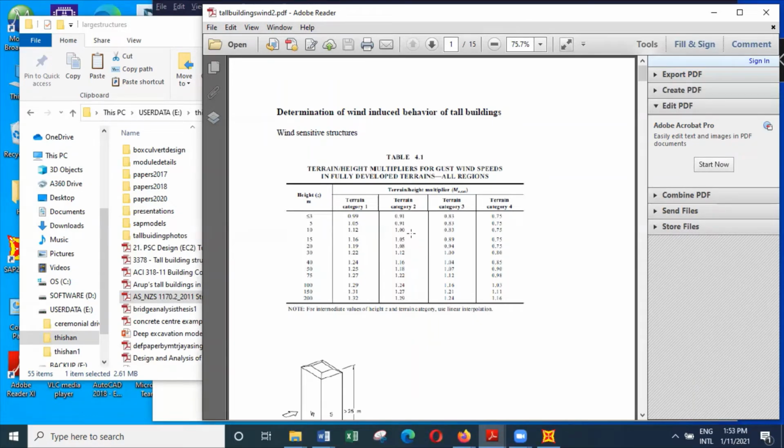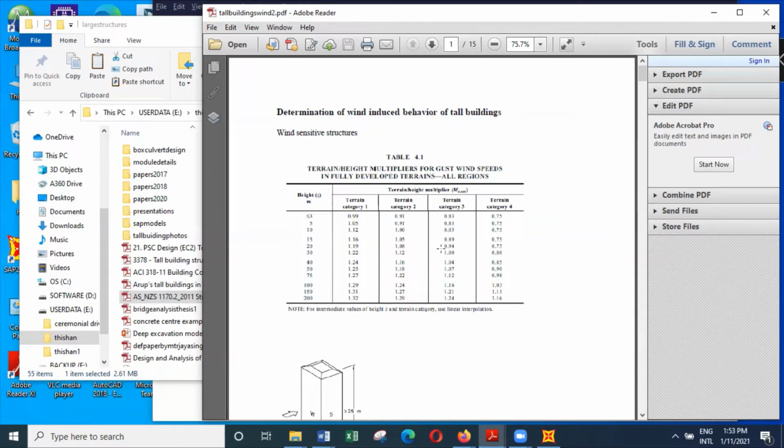And then what happens is, as the height of the building increases, and so as the terrain, you'll find that the obstructions to wind can actually reduce the wind speed to a certain extent.